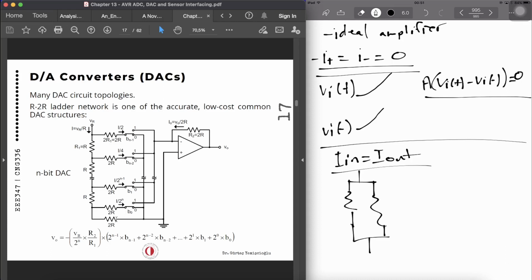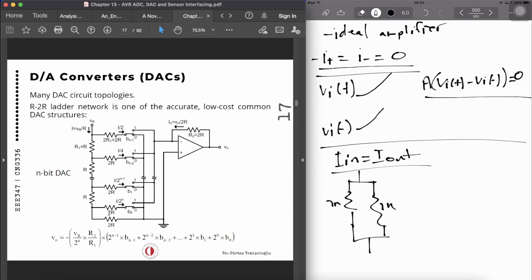So the effective resistance for the 2R in parallel with 2R, they are both 2Rs, assuming that the switch is closed, okay? Right now we have 2R in parallel with 2R.